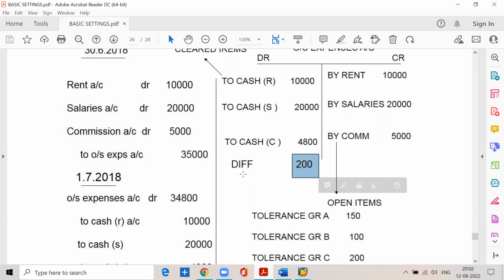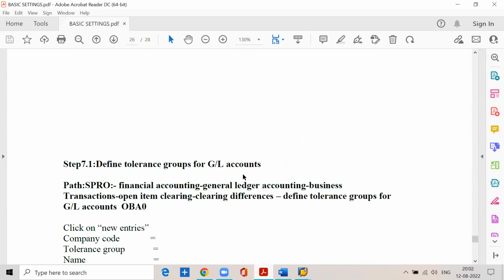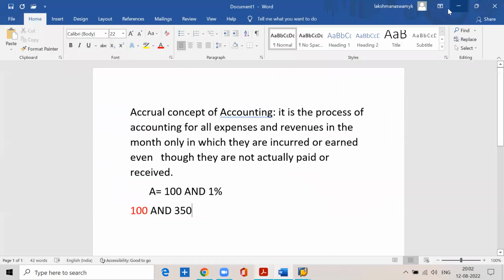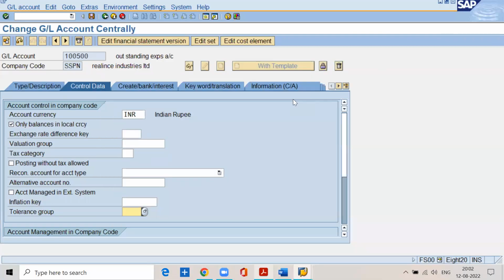Now, while doing the step, I will explain the other parameters relating to tolerance groups for GL accounts. The path is SPRO, so it is also the job of the consultant. There is no difference between ECC and S4 HANA in tolerance groups. The settings we have done till now, we have to do the same in S4 HANA also.